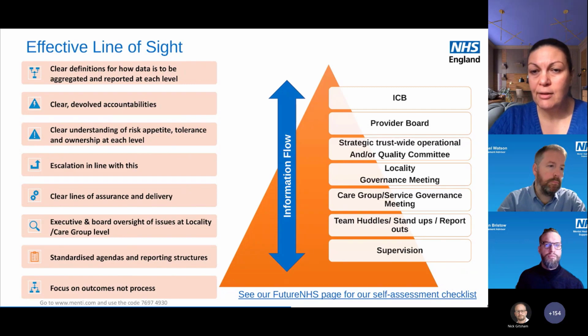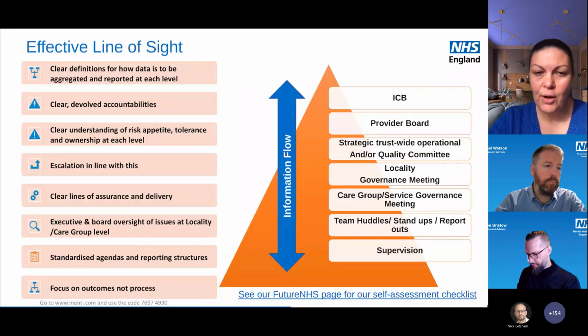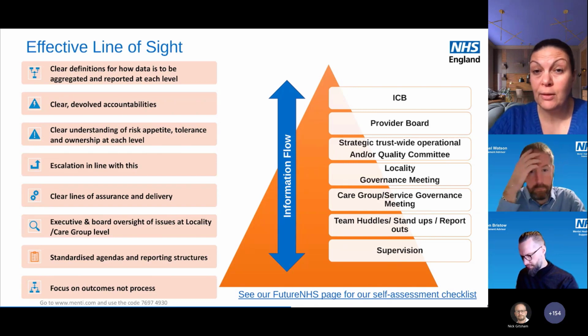Clear lines of assurance and delivery, especially at a strategic level, but also at a service level. As we said, a board and executive oversight of how data is seen, and whether it is aggregated or not, is really important. I'm sure, like me, you've been in situations where there have been astronomical data points in how data is seen and how resources are deployed because of what is seen, so this is really important to be defined.